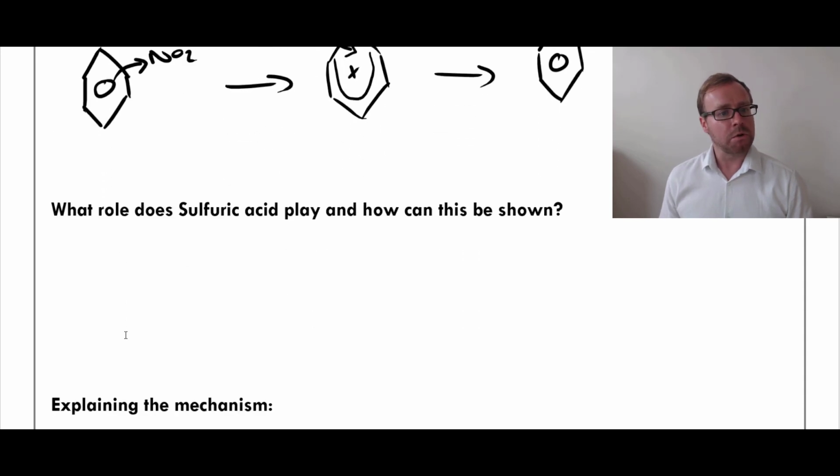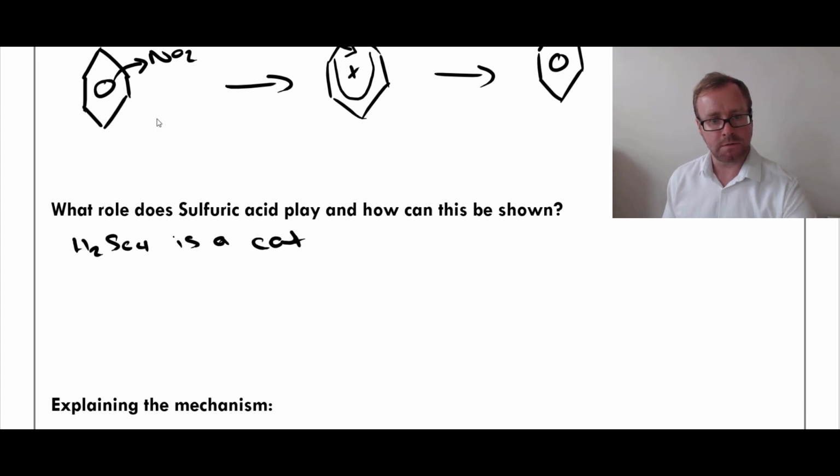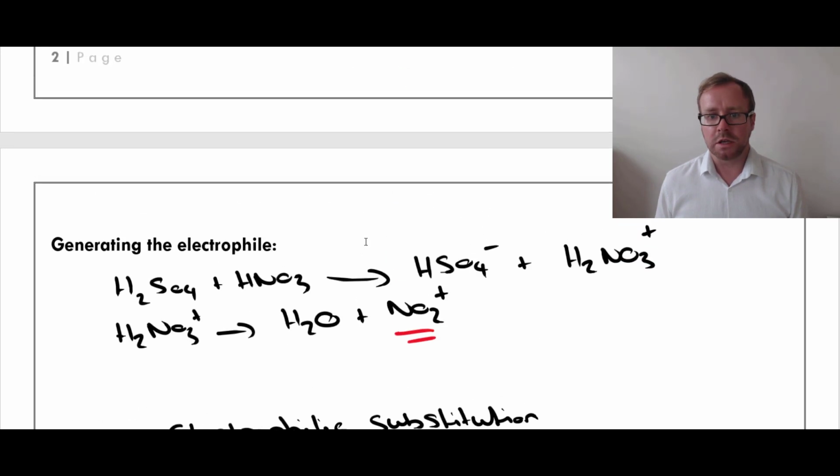So what role does sulfuric acid play and how can this be shown? Well, I'll let you have a think about it and then we'll go through it. Okay, so I probably gave you a big hint in the reagents at the start, because we said that the sulfuric acid is a catalyst. Now we know from the definition of a catalyst that the catalyst does not get used up in the reaction. So here we have HSO4-.